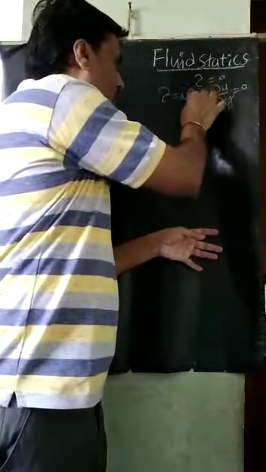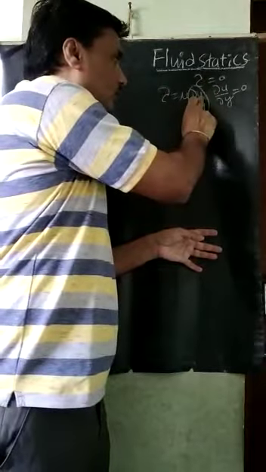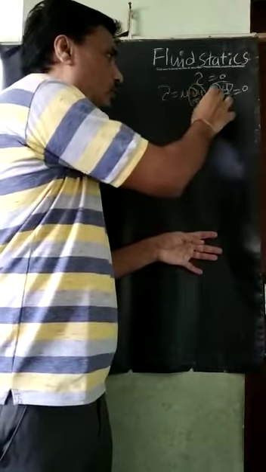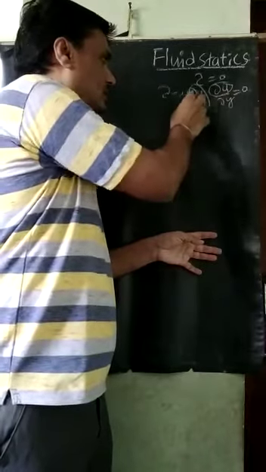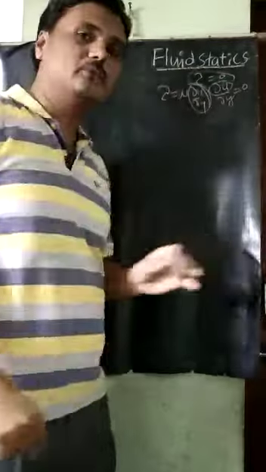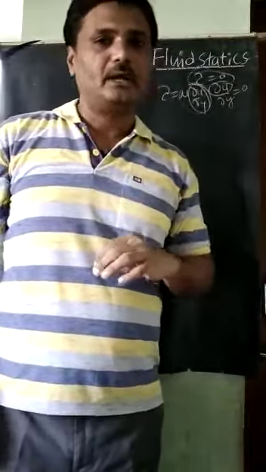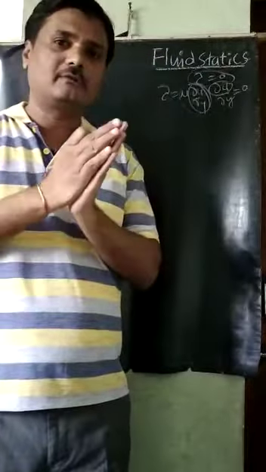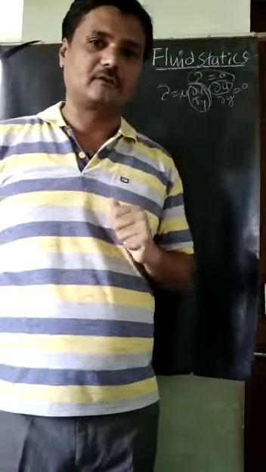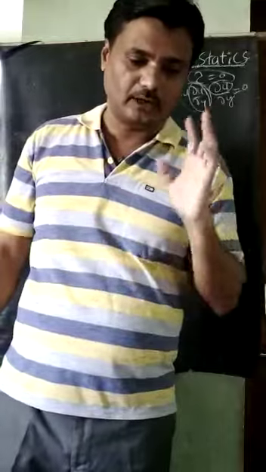If ∂u/∂y is 0, because ∂u is 0 here, velocity is 0, so therefore this term becomes 0, and therefore shear stress becomes 0 mathematically. It is understood that the fluid layers are not moving, meaning there is no existence of shear stress in the case of fluid statics.